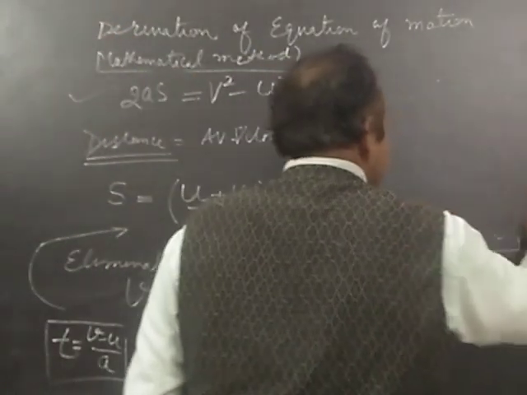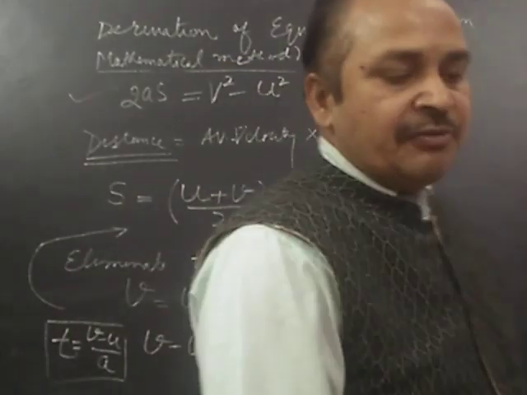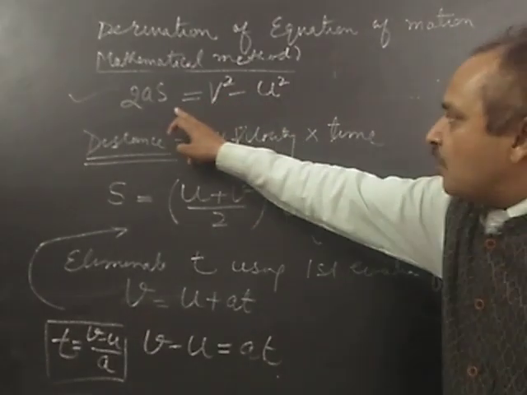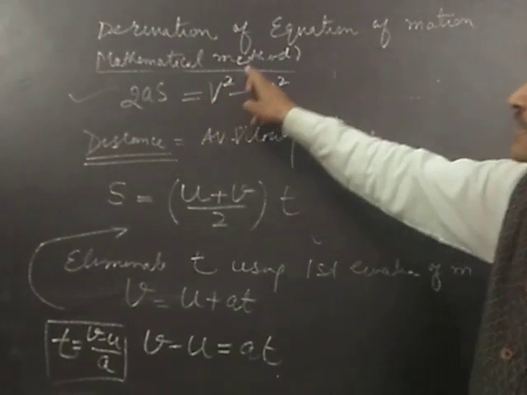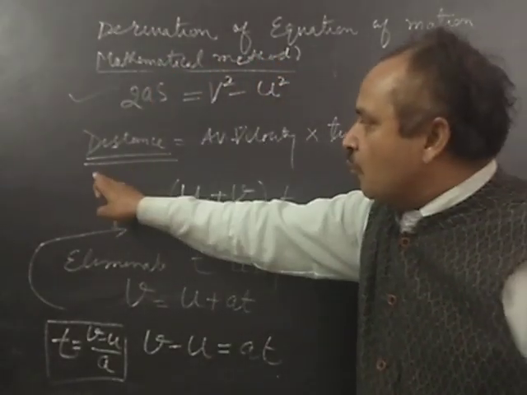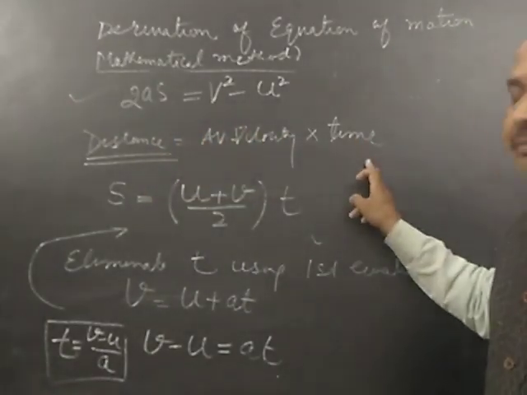For the time being, any doubt to anybody? Anyone having any doubt? We want to derive this third equation of motion. It is again talking about the distance. We know the concept of distance, average velocity into time.